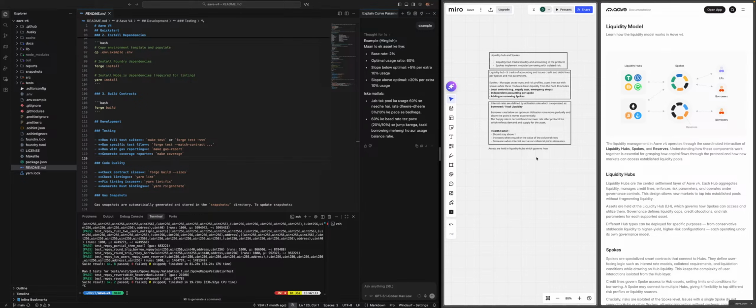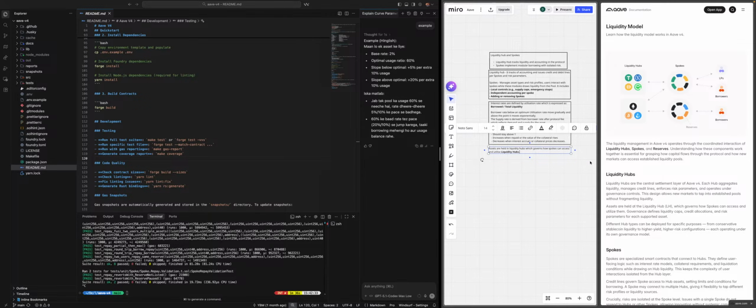Cool. Assets are held in liquidity hubs, which govern how spokes, which is where the user interacts, can access and utilize liquidity hubs.